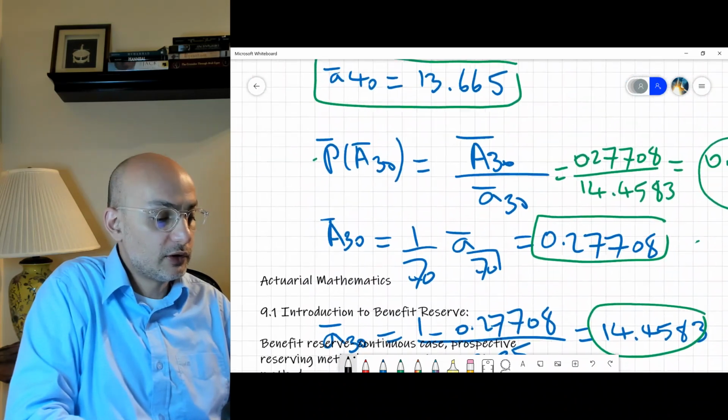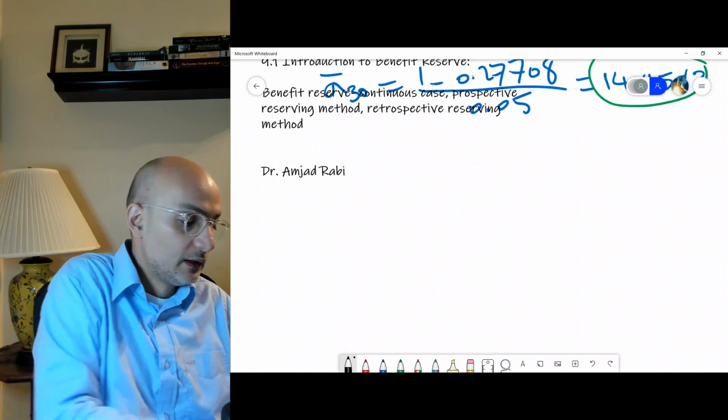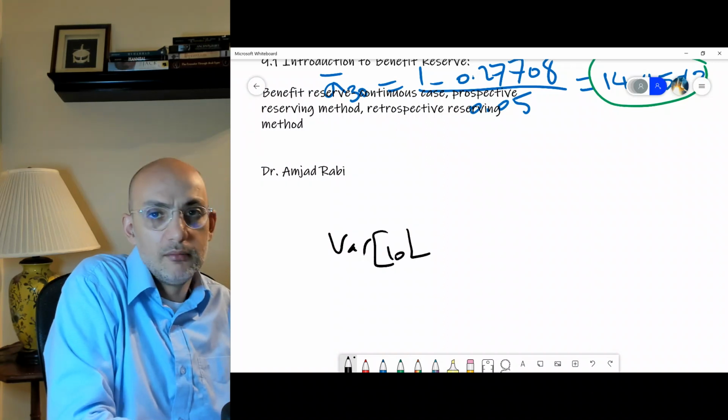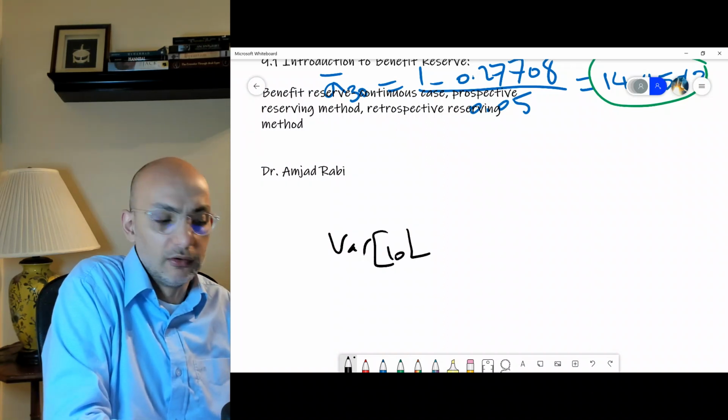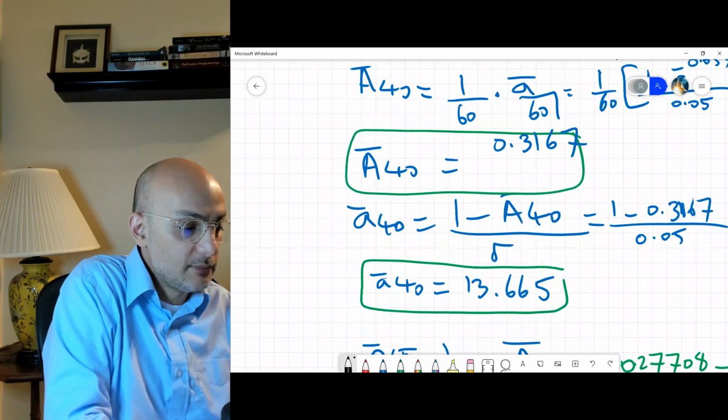Now what if you want to calculate the variance for the same one? Now we need the variance, calculate the variance at time 10. Remember, the reserve is the expected value of the loss. Now we need to calculate the variance of the loss at time 10.